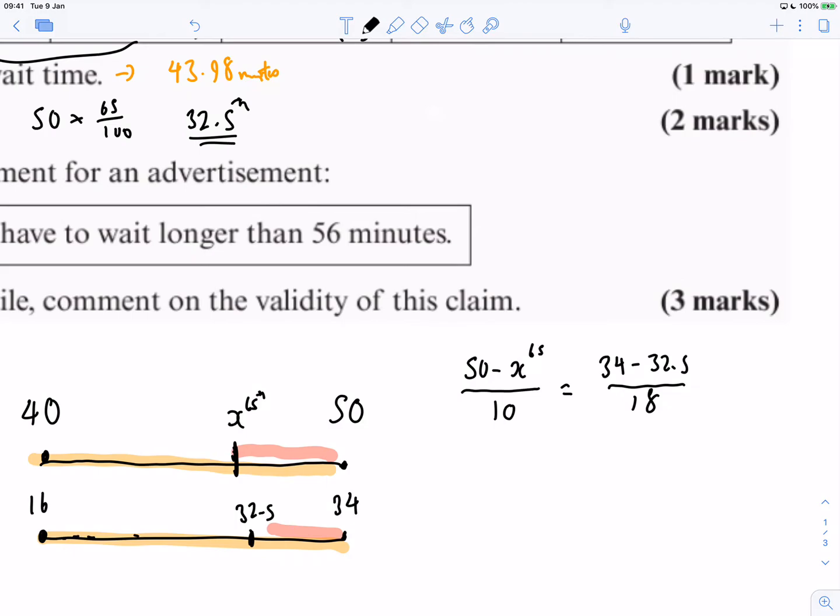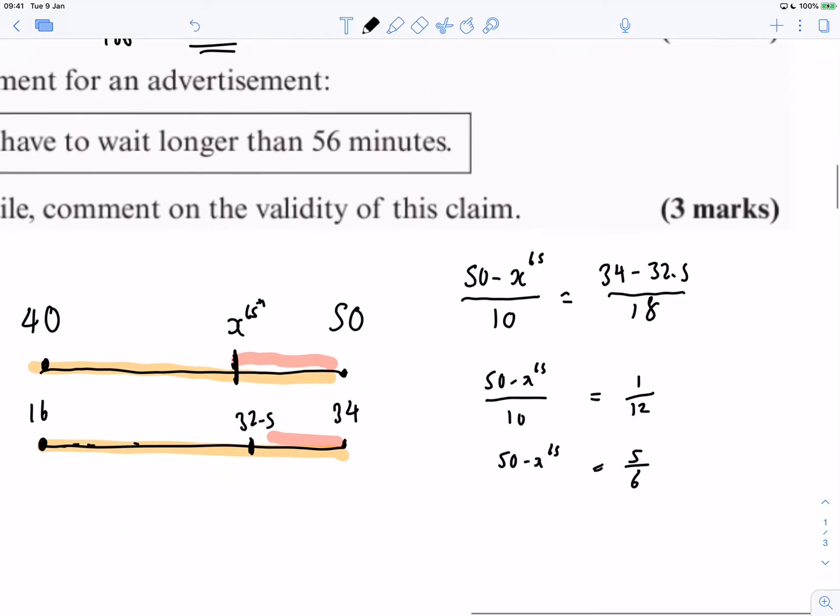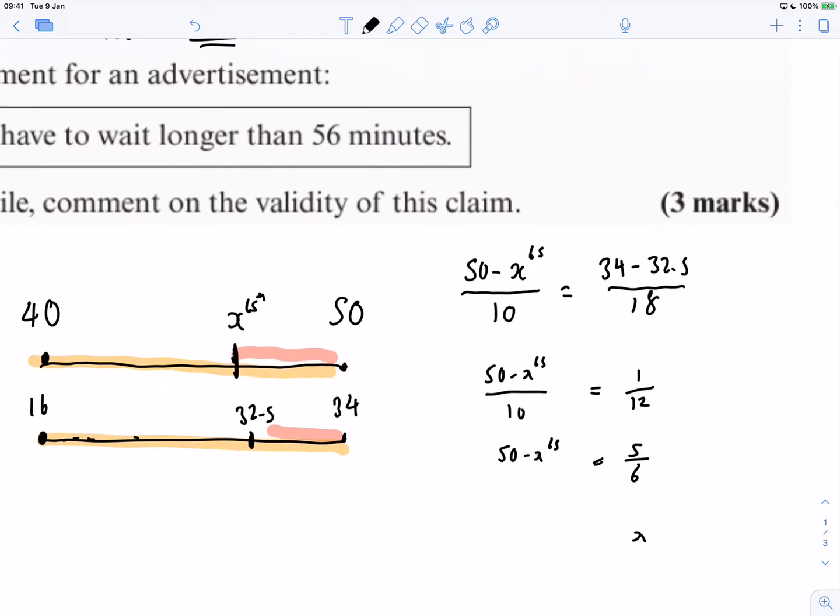Well, 34 minus 32.5 is 1.5. Divide that by 18, that is going to be 3 over 36, which is 1/12. So 10 times by that, it's going to be 5/6 equals 50 minus x 65th. So actually, x 65th percentile is 50 minus 5/6.